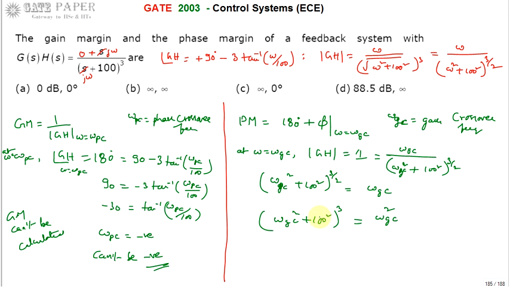You cannot have a positive value which satisfies this equation. For any positive value of omega GC, the above equation is not satisfied. That means you don't have a value for omega GC which satisfies this equation.